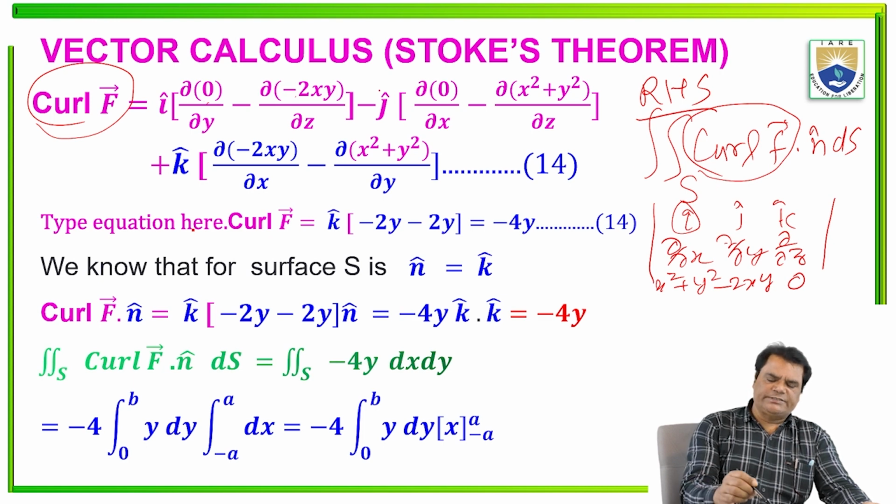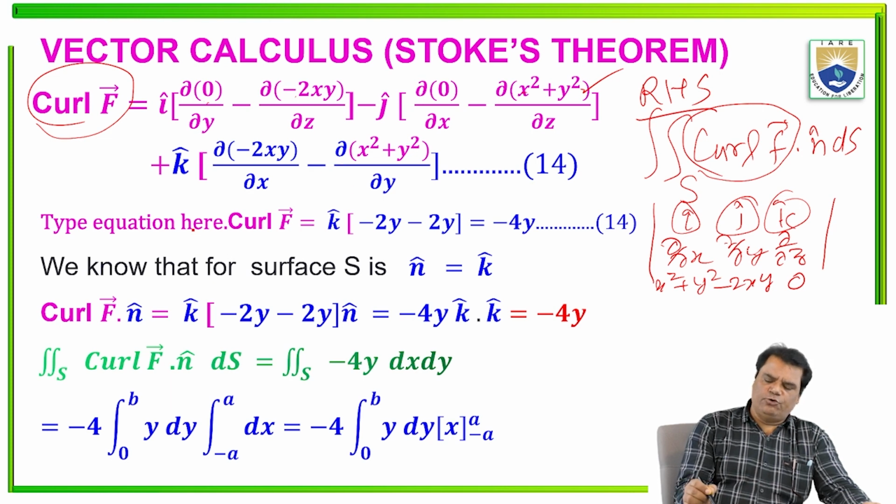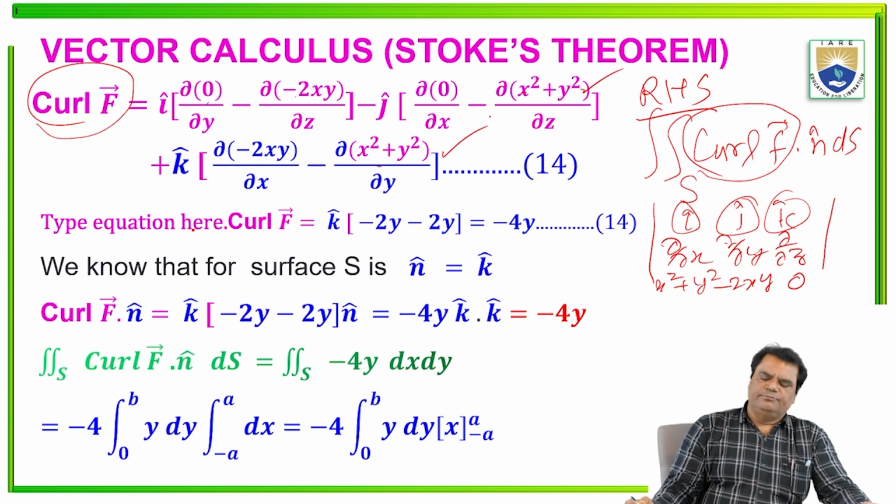And minus j, the second term: dou over dou x of 0 cancels, minus dou over dou z of x square plus y square. Plus k: dou over dou x of minus 2xy, minus dou over dou y of x square plus y square. With the help of this formula, we calculate this.